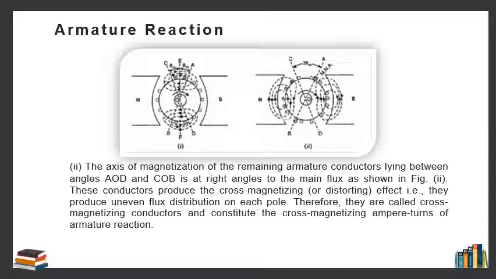That is, they produce uneven flux distribution on each pole. Therefore, they are called cross-magnetizing conductors and constitute the cross-magnetizing ampere turns of the armature reaction. So these two diagrams show the cross-magnetizing as well as the demagnetizing conductors, ampere turns and their effect.